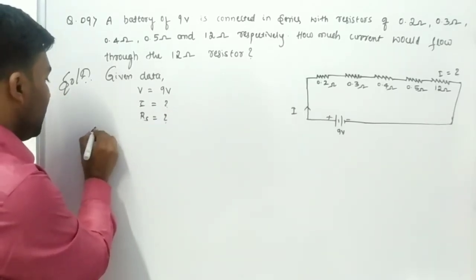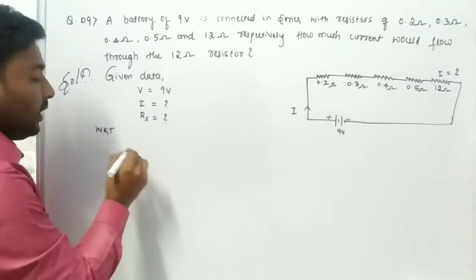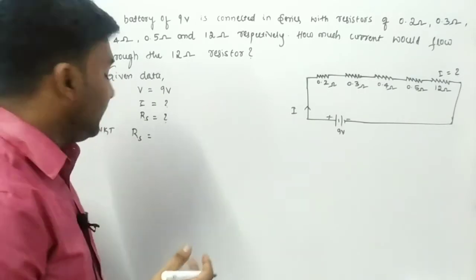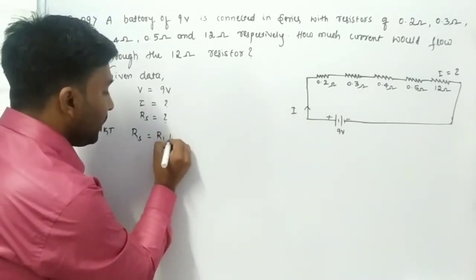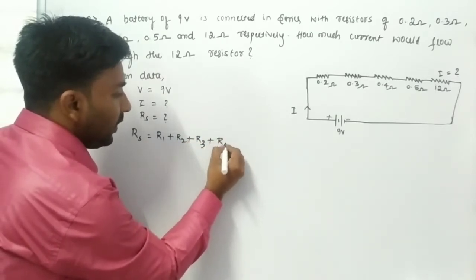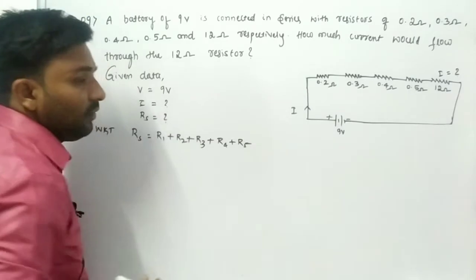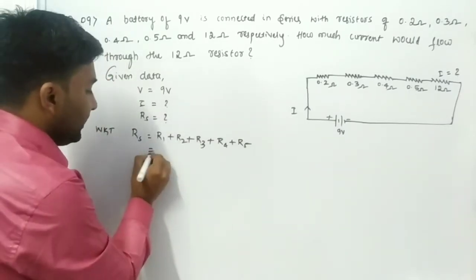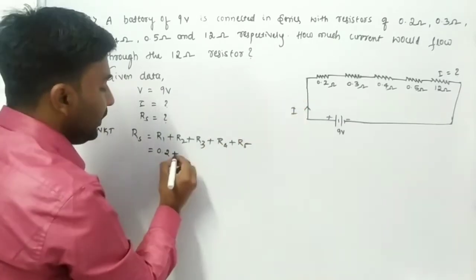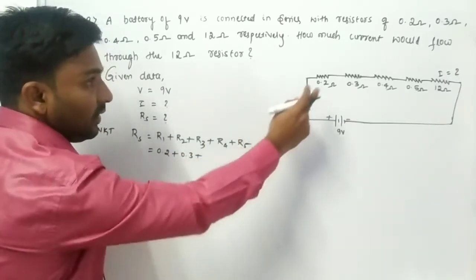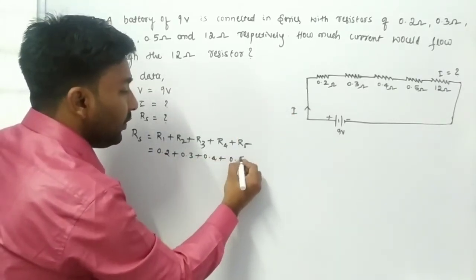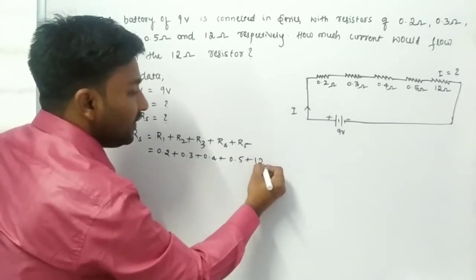Now we know that the equivalent resistance, when the resistors are connected in series, the formula is R1 plus R2 plus R3 plus R4 and R5. Total 5 resistors we have. This is equal to R1, it is 0.2, R2 it is 0.3, R3 it is 0.4, R4 it is 0.5 and R5 it is 12.